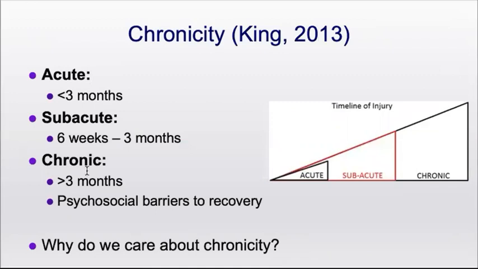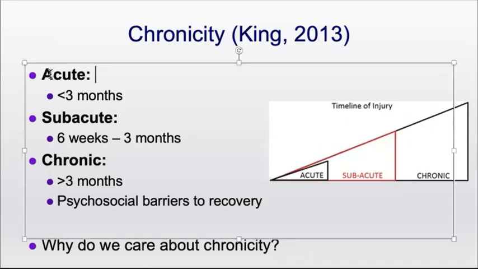Acute, subacute, and chronic are all defined in terms of time, and they're highly related to causation and to the prognosis of an individual. So when somebody attends your office and wants to engage in rehab with you, if they're in the acute phase, your goal is to prevent that from becoming a chronic injury. Okay. And again, it's just based on time.